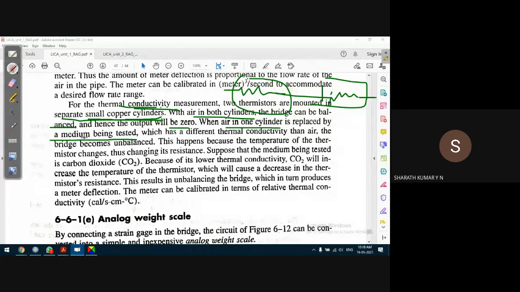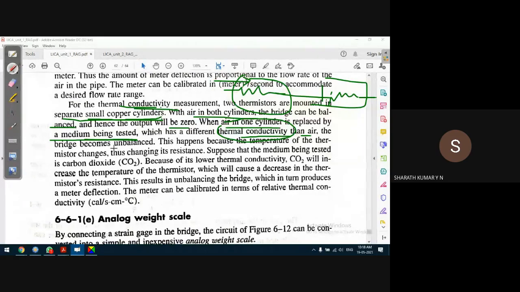That is being placed, being tested, which has a different thermal conductivity than air. Normally in the earlier case the airflow was tested. Now we are testing some other element, which has a different thermal conductivity than the normal air.